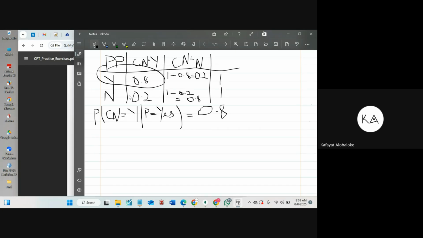So the next one here is telling us the probability that the capitalized noun is not next, as no, given punctuation marks is absent.